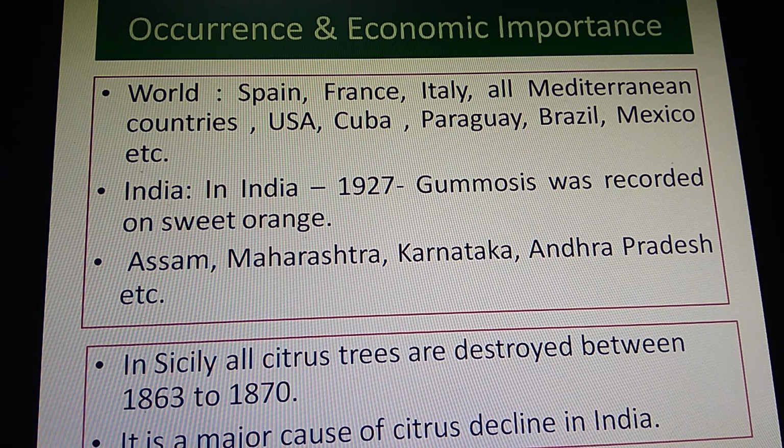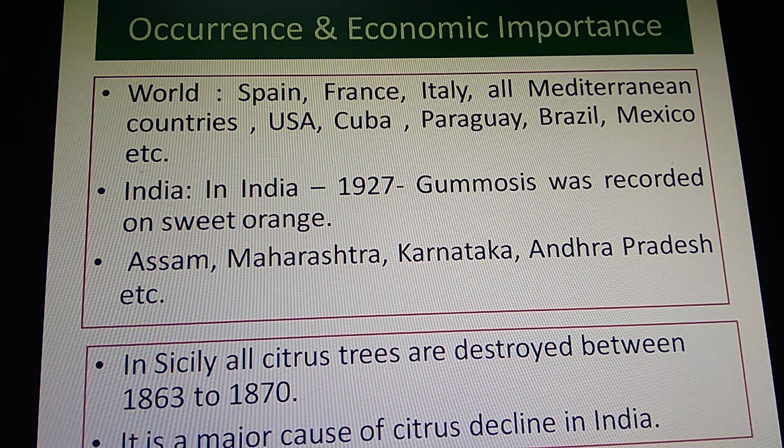In India, it was recorded in the year 1927, that is citrus gummosis on sweet orange. Different states of India like Assam, Maharashtra, Karnataka and Andhra Pradesh were recorded for occurrence of this disease.